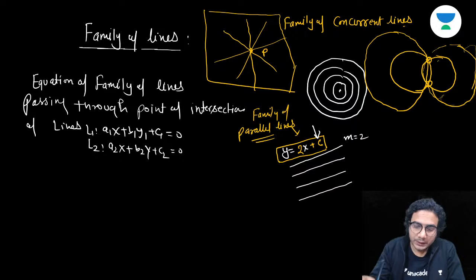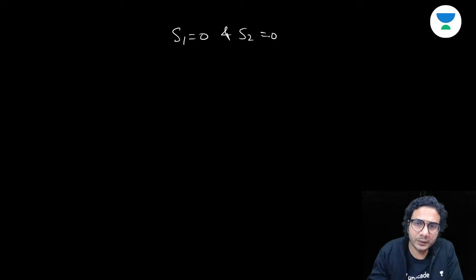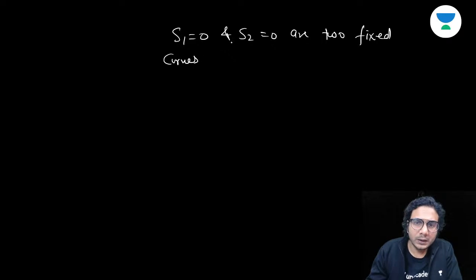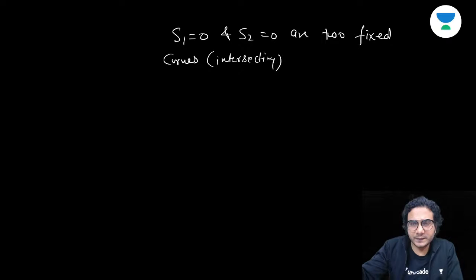Okay, so I'm going to tell you a general result. Suppose you have two curves, S1 equal to 0 and S2 equal to 0, which are two fixed curves and also intersecting, at 1 point, 2 points, 3 points, 4 points, any number of points.